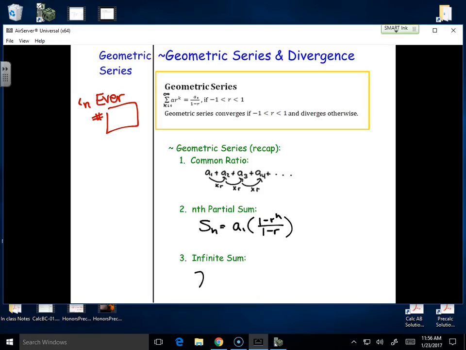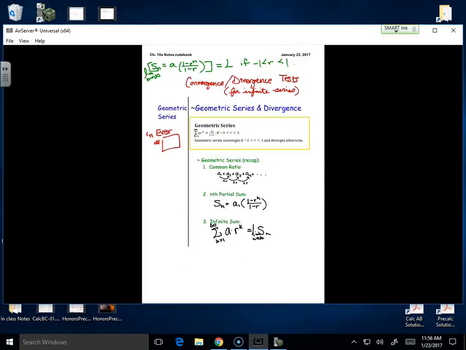The infinite sum, k equals 1 to infinity of a times r to the k, which could be seen as a sub 1 r to the k, equals the limit as n goes to infinity of s of n. We already talked about when it only works. Sorry, I did the notes at the top of the page.